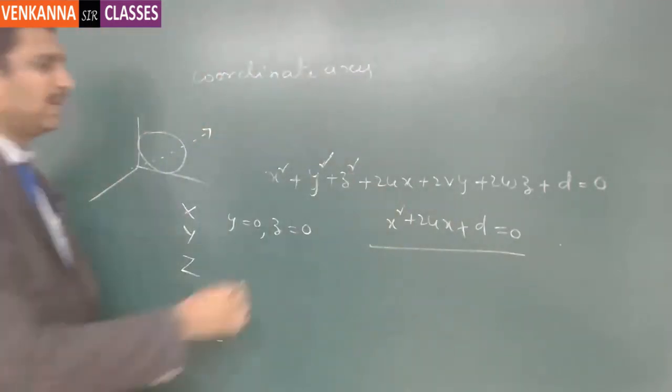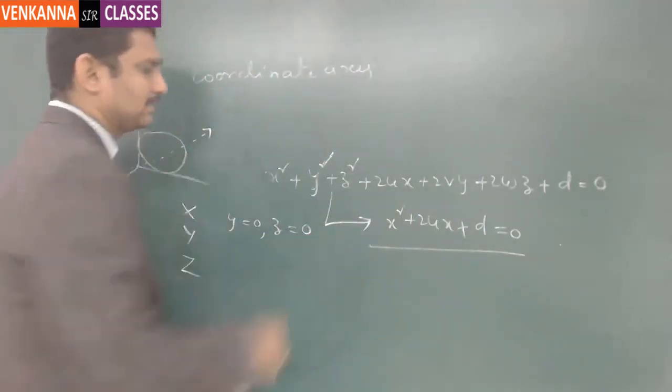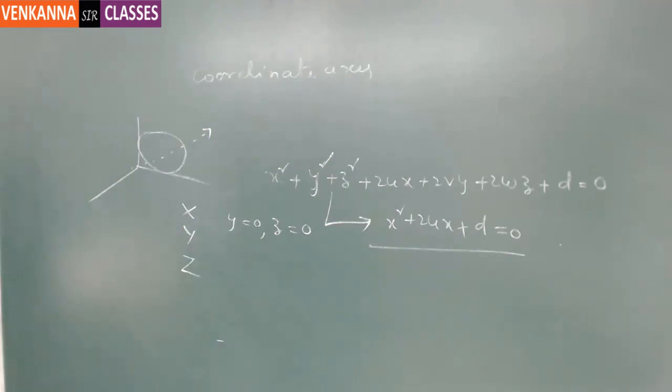So the given sphere equation will become like this. Our intention is to calculate the values of u, v, w, d so that we can find the sphere equation. For that, we are using the conditions one after the other: it is touching the x-axis, the y-axis, the z-axis. So what are u, v, and w?